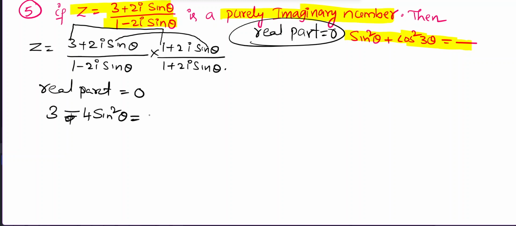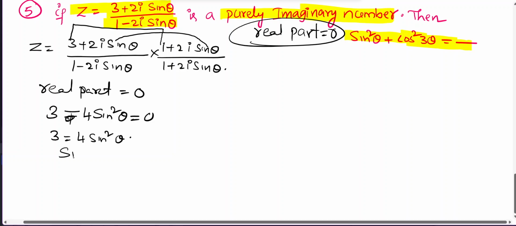Minus 4 sin square theta is equal to 0. And from this, 3 is equal to 4 sin square theta. So from this sin square theta is equal to 3 by 4.